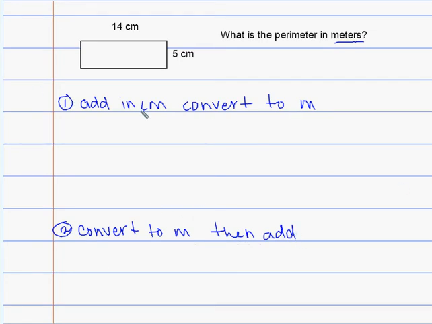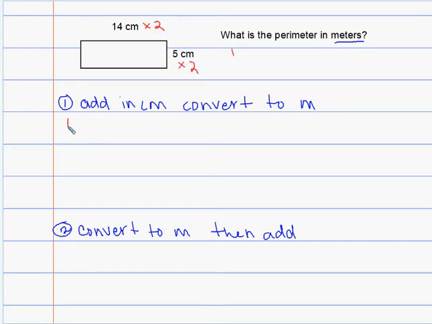So the first way, we're going to leave the units in centimeters, add them, then convert. So perimeter, remember, is the distance all the way around the rectangle, and I can take 14 times 2 and then 5 times 2 and add those 2 together.